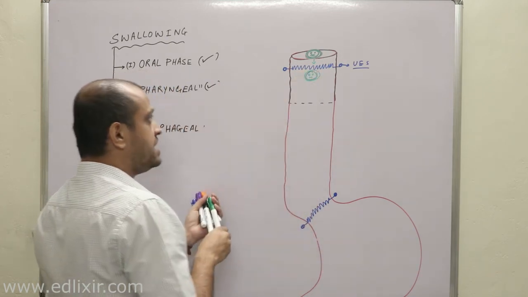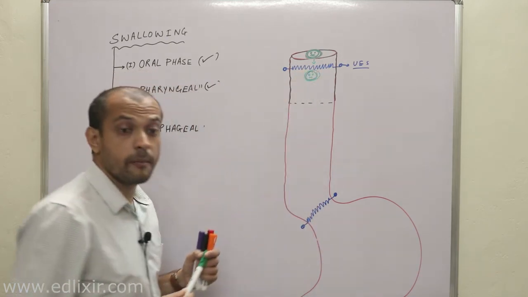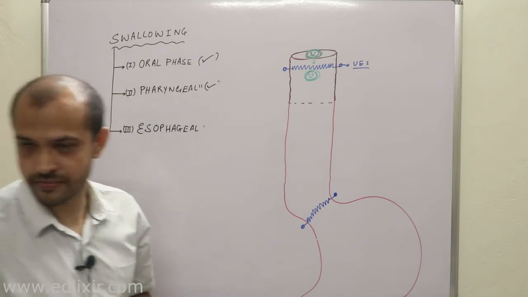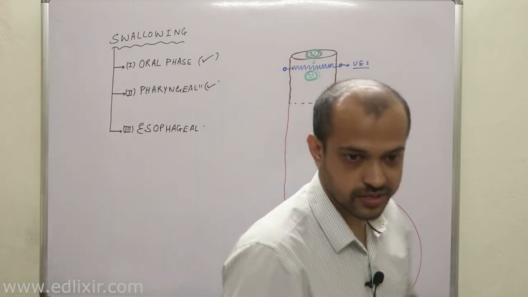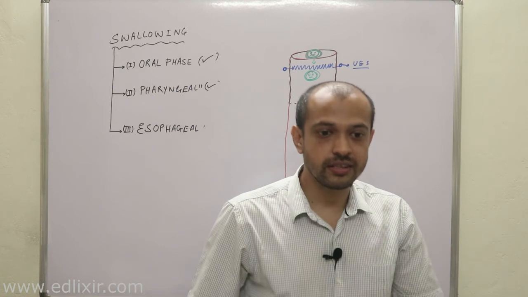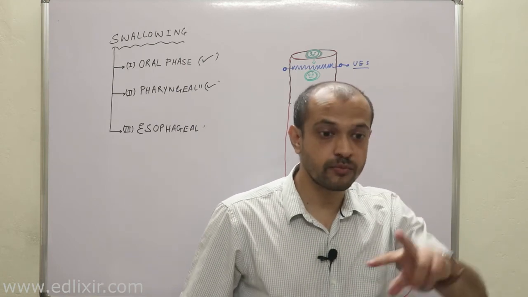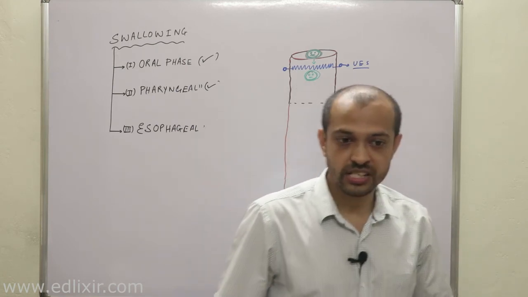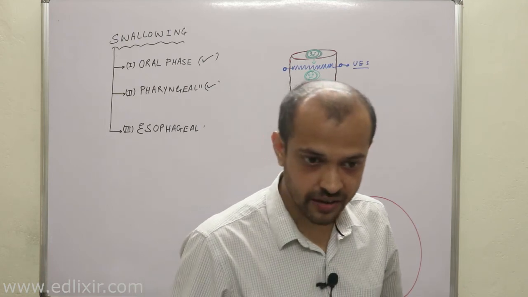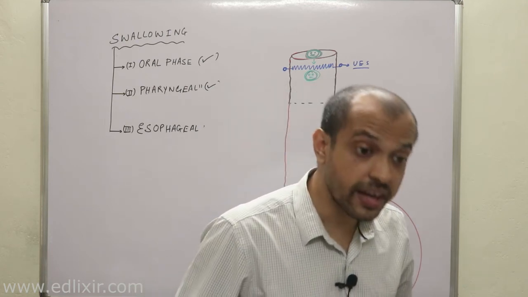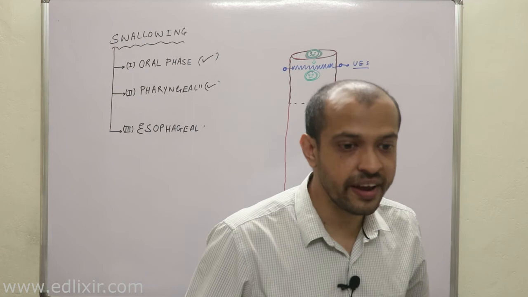Now listen, with the entry of this food bolus, peristalsis starts. Now, what is peristalsis? Peristalsis is actually a combination of two things. It's a combination of vagal efferents, and it's also a combination of the myenteric plexus.